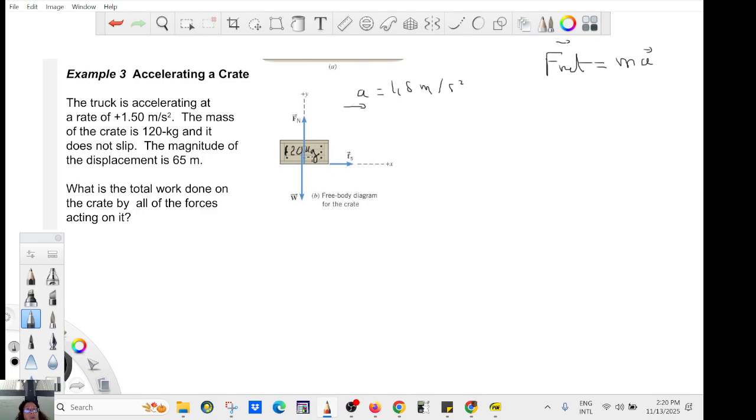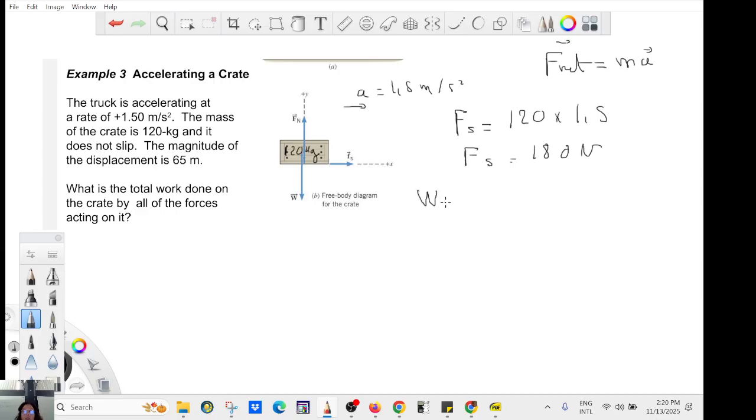There are no other forces providing acceleration, because these two are balancing each other. Normal force equals weight. Agree? That's from the previous unit. So we just write the net force, which is the static friction, equals the mass, which is 120, times 1.5, which is 180. Do you agree?